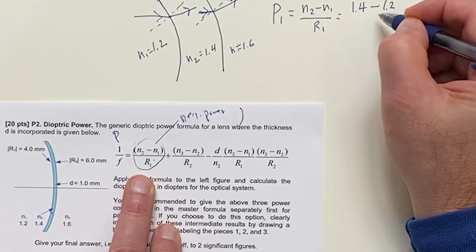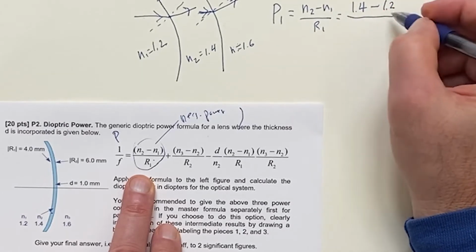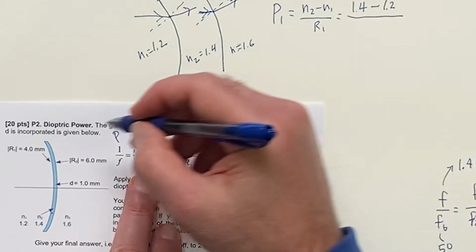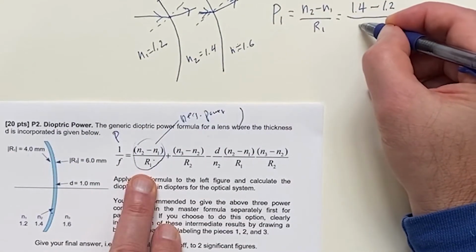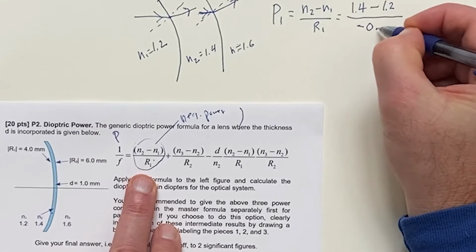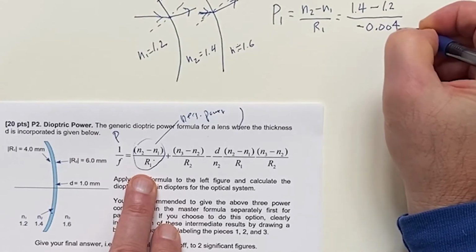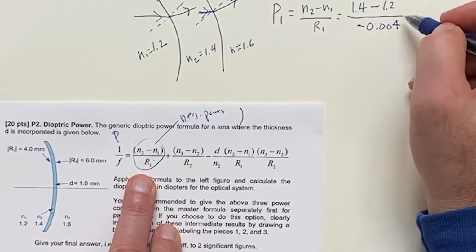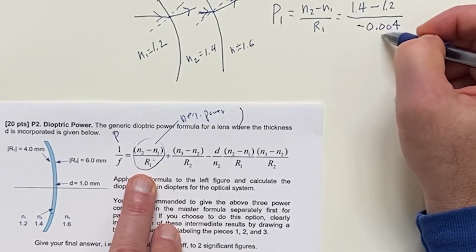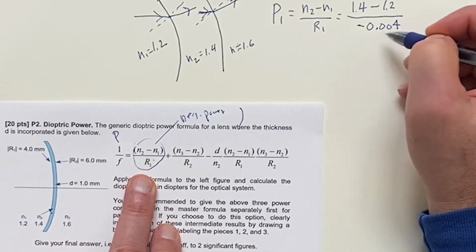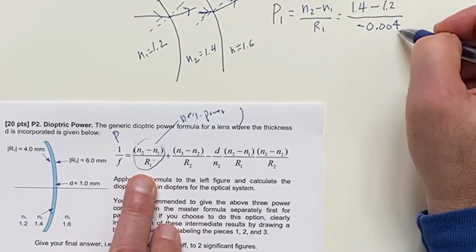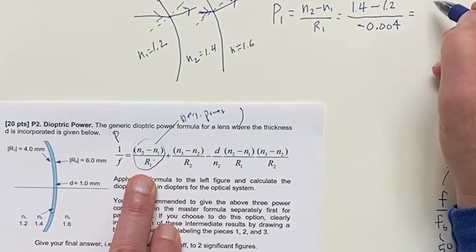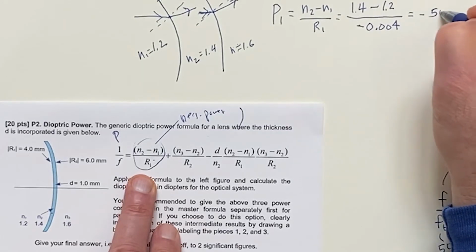And then I'm going to divide by the negative to make sure I get the negative power. And R1, 4 millimeters. I like to do it like this and put in my meters. So then I can get my diopters directly. So see, 1, 2, 3. If I move over to the left 3 times, then 4 millimeters becomes this for meters. And then this comes out to be minus 50.